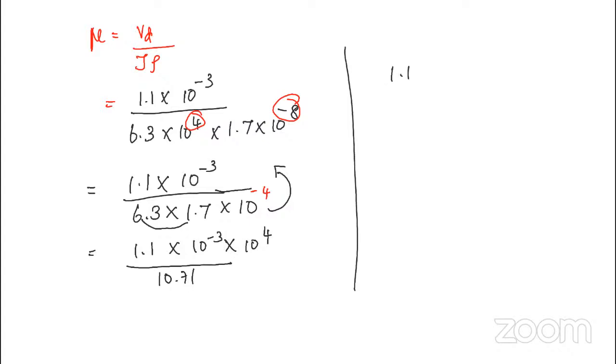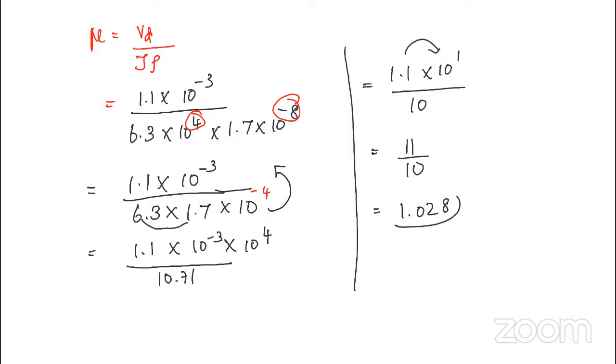Then 1.1 into 10 power 1 divided by 10. Approximately 10.7 we take as 10. So 11 divided by 10, approximately we write 1.028, and this value we approximate to 1.